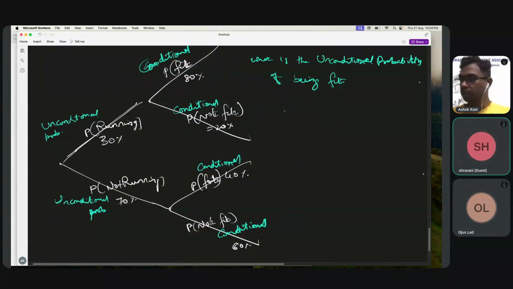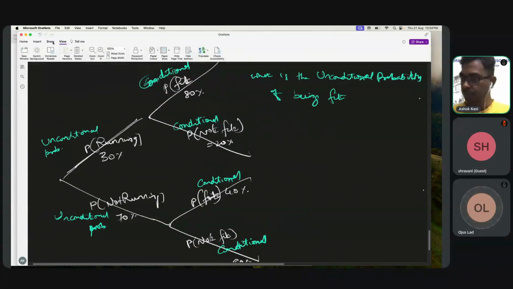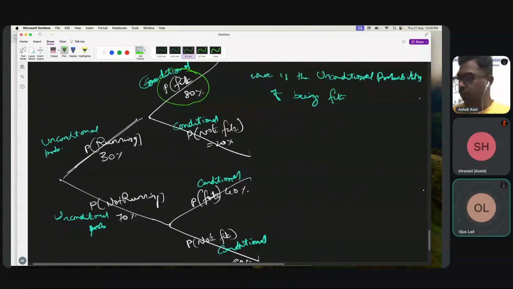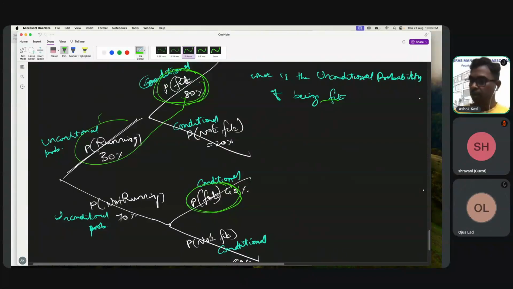So unconditional means what now? That means it has to cover all the conditions of being fit, this part and this part. So this fit 80% and this fit 20% will happen provided the running is happening. And in order to be this fit 40%, the not running has to happen.